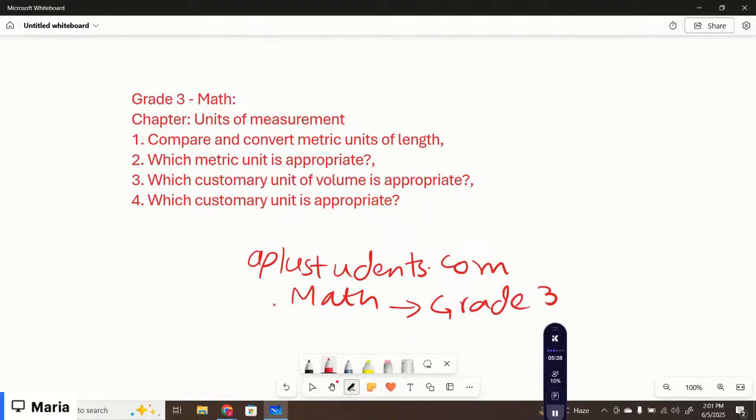The lessons we are going to cover today are compare and convert metric unit of length, which metric unit is appropriate, which customary unit of volume is appropriate, which customary unit is appropriate.